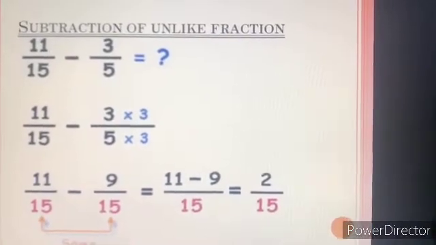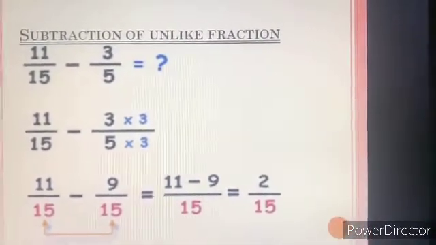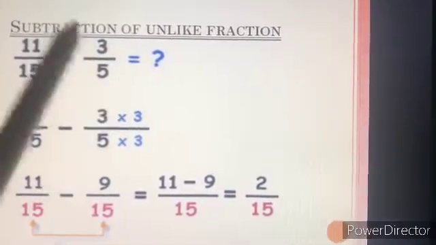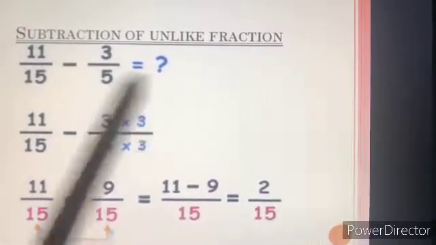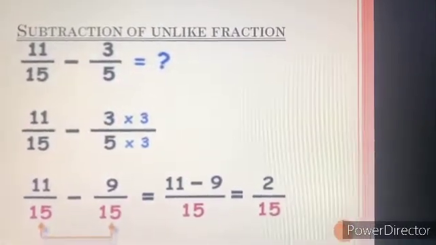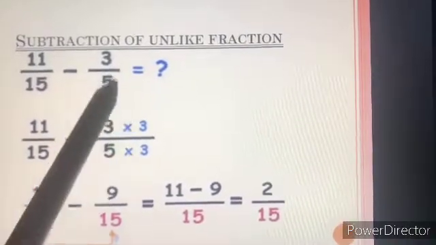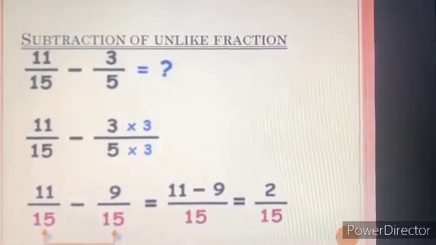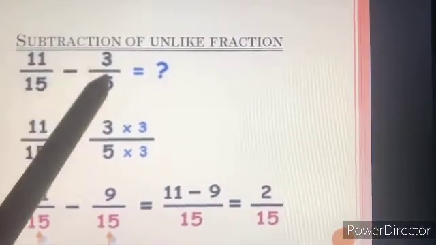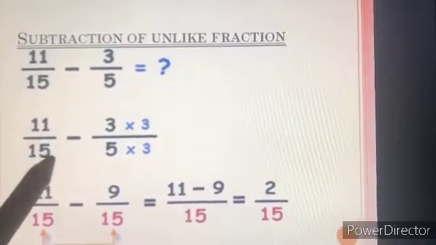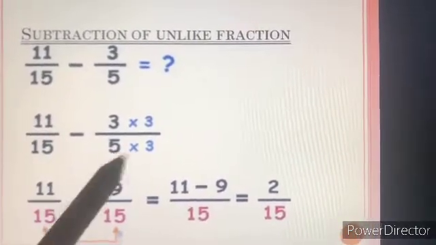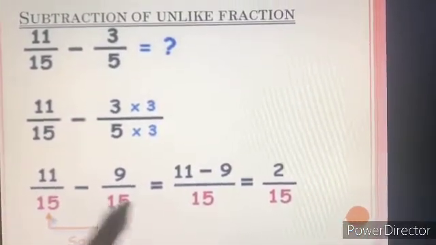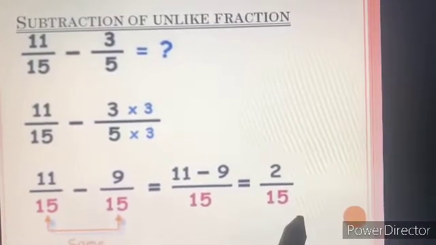Sometimes we need to change both parts, because both denominators are so different and they are not coming under anyone's table. So we have to change both of them. Here, if I read 5's table, this will come under there, so I will only change this. After that, I will find that 11 by 15 and 9 by 15 both have the same denominators, and I will simply subtract them and get the answer.